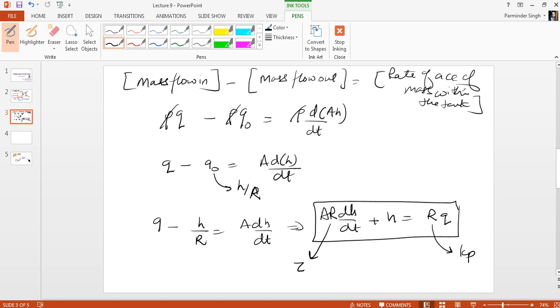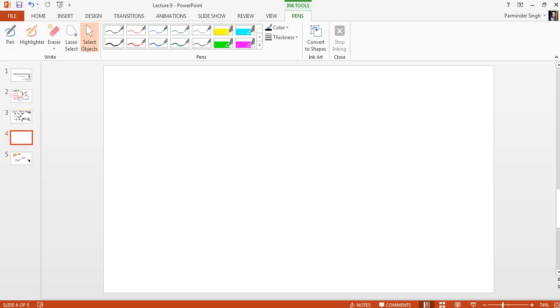Clear? Now you can directly write the transfer function over here, or let's derive the transfer function for this. Now we know that Q minus Q naught is A dH by dt, or we can also write Q minus H by R as A dH by dt.